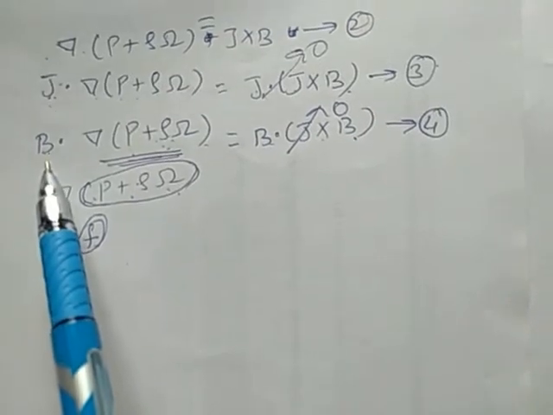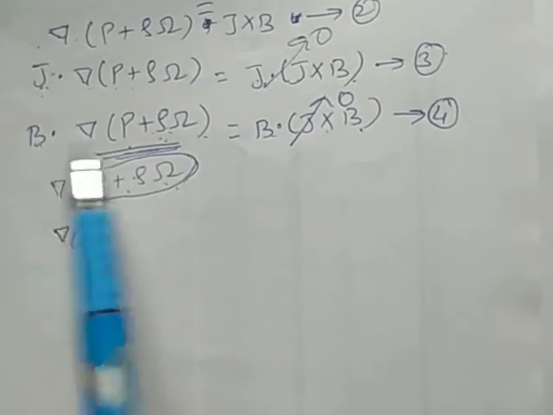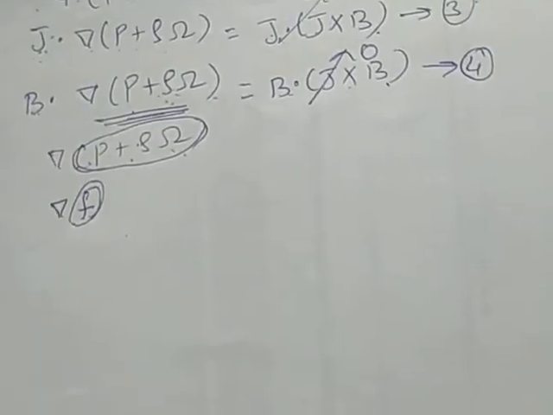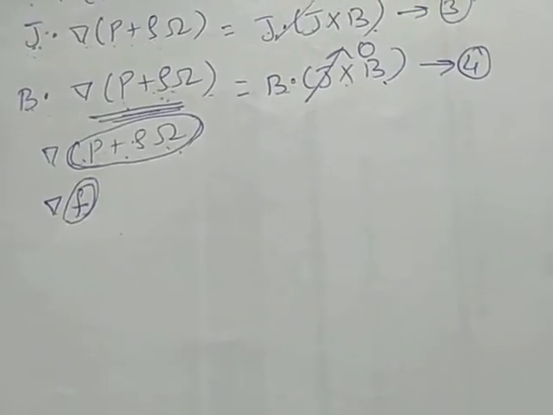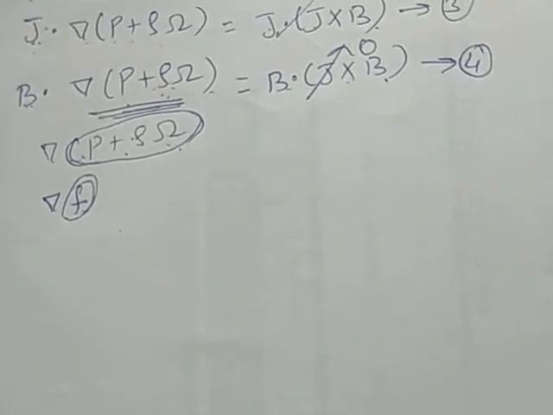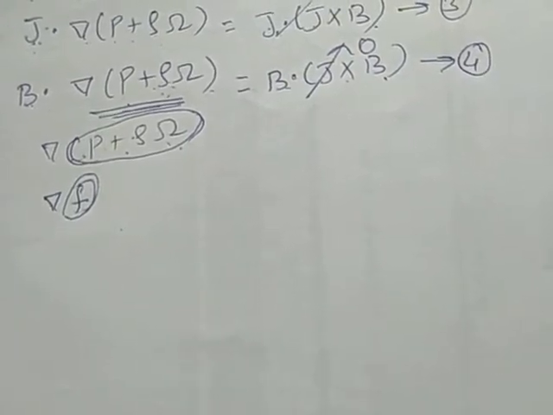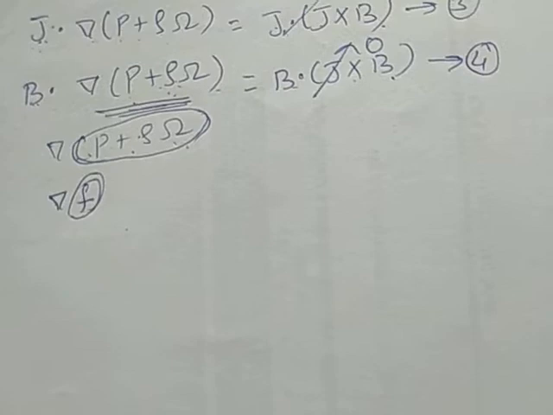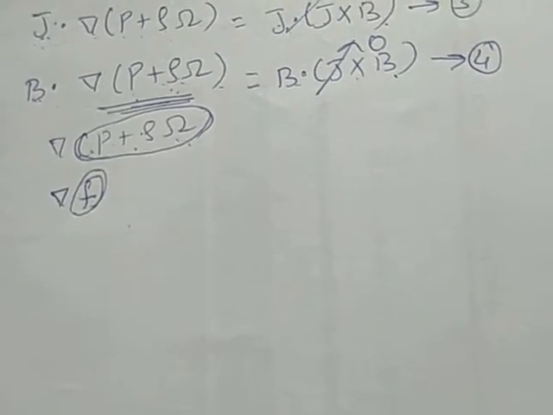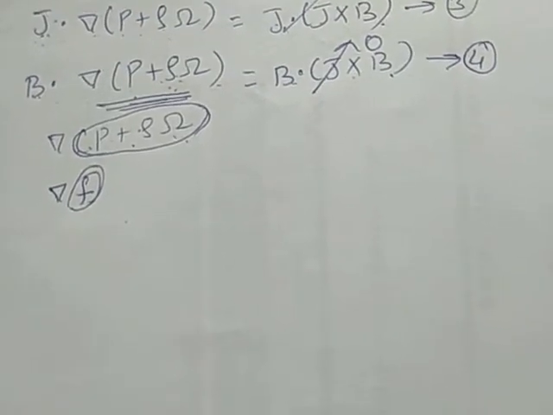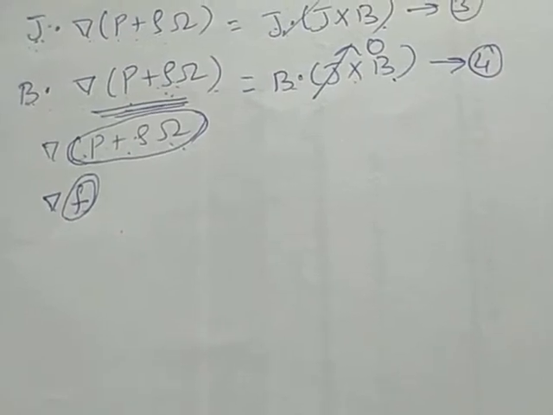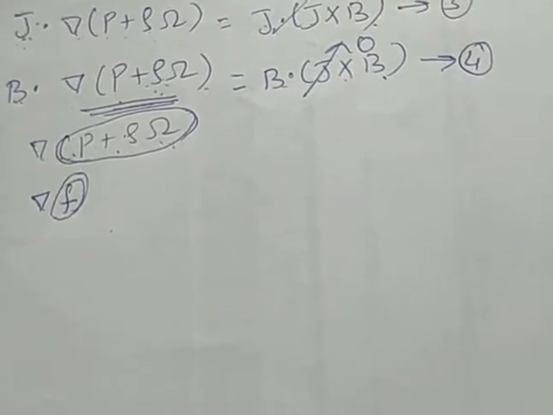Similarly, take the dot product with B. We prove that magnetic field lines are perpendicular to that surface. Also, from the geometrical meaning of the gradient, del of (P plus rho omega) is a vector normal to the surface P plus rho omega. So from equations 3 and 4, we conclude that P plus rho omega is constant.